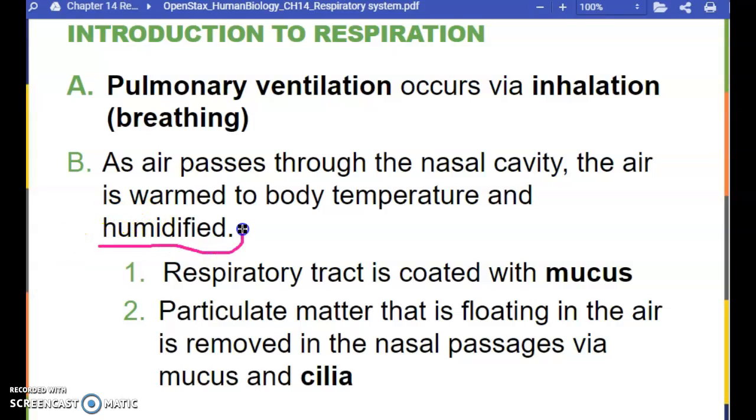The addition of that water vapor to the air is really important. It keeps the lungs from drying out. Our respiratory tract is covered with mucus to also protect from that drying. That air has to be both warmed and humidified, and that's important in maintaining the integrity of those internal tissues.